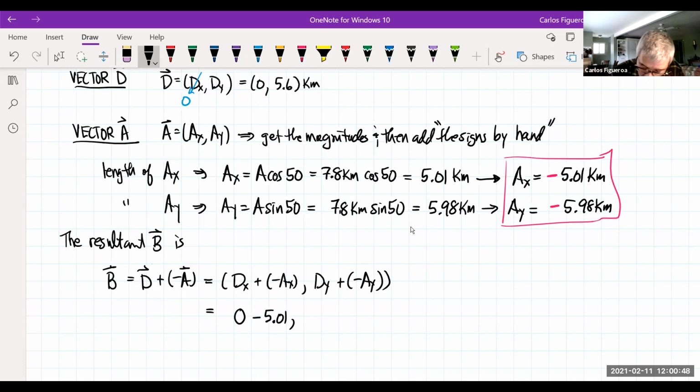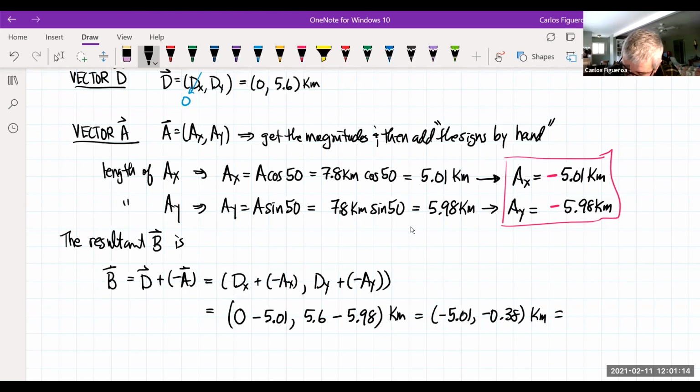And when I look at dy, I know that's 5.6, and this guy's going to be minus 5.98 kilometers. So if I add these quantities up, I'm going to get minus 5.01, and the other one's going to be minus 0.38 kilometers, and that's what the vector B looks like.